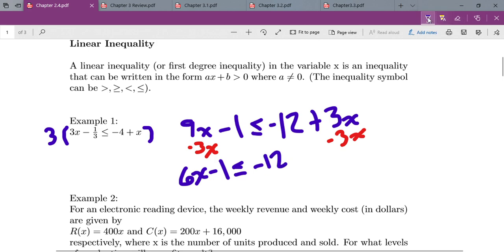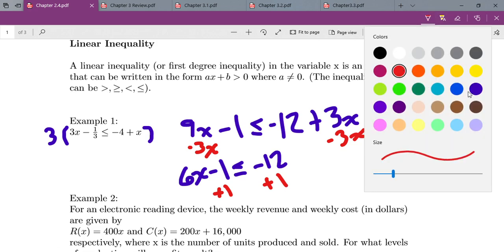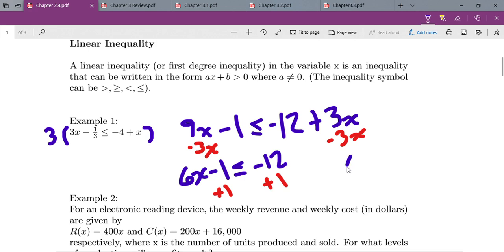I need to add that 1 to that 12, so what I'm looking at next is 6x is less than or equal to negative 11, and obviously if you divide by 6 you get x is less than or equal to negative 11 over 6.